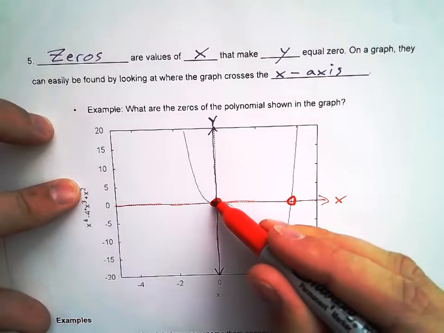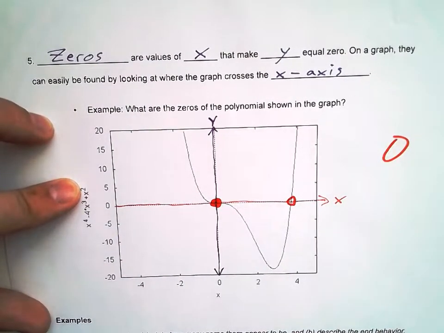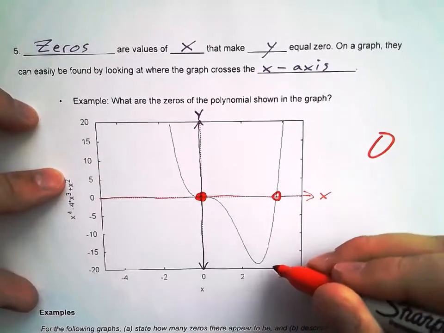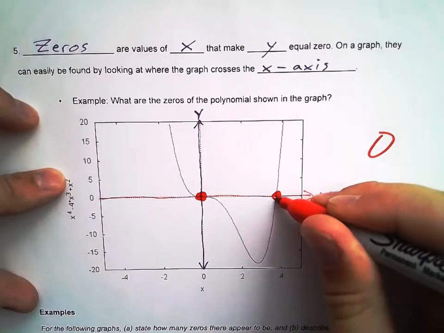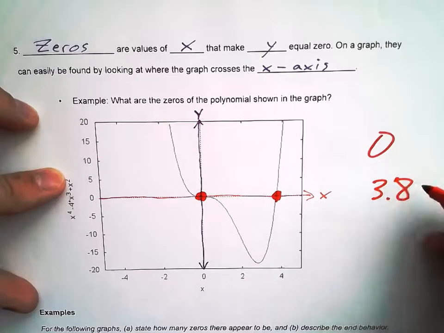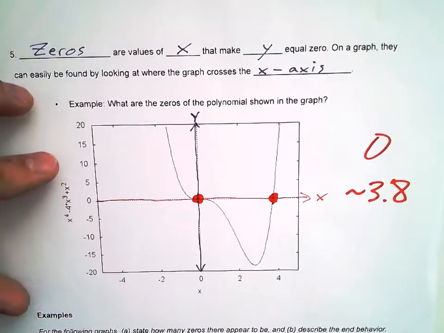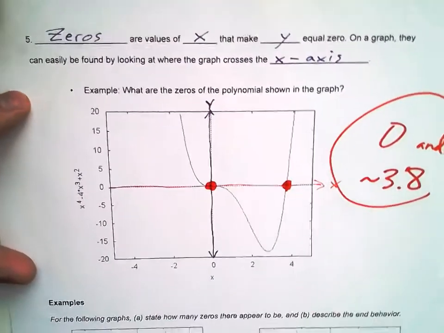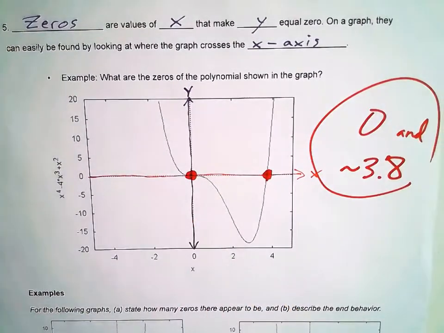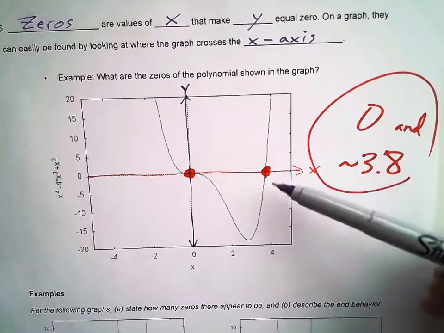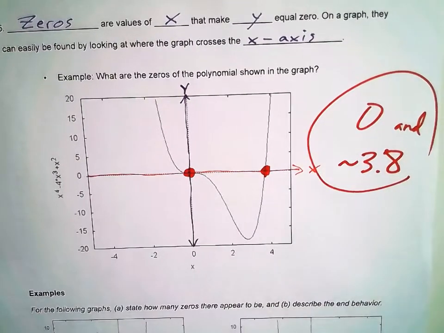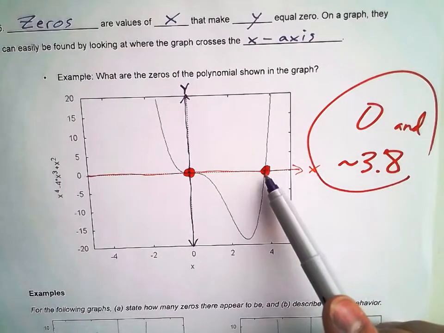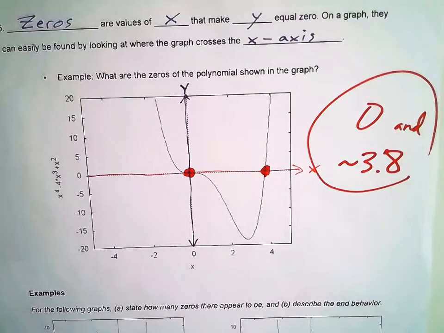So this one is 0, and this one looks like about 3.8. Those are the zeros for this graph. Okay, and if you find it with the equation, obviously you'll get it exactly, but this you can just tell by looking on the graph about where they are.